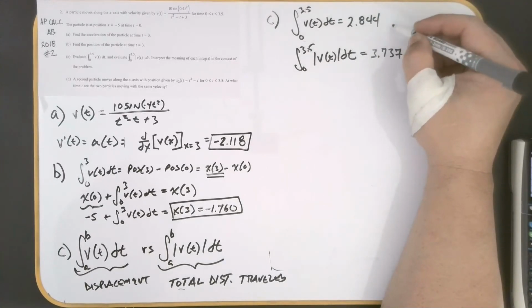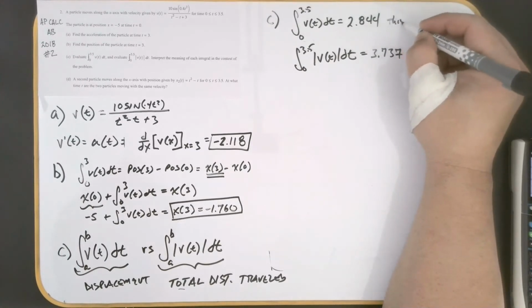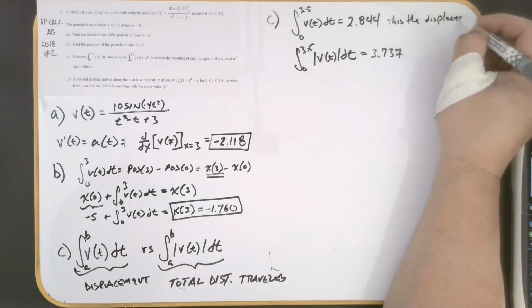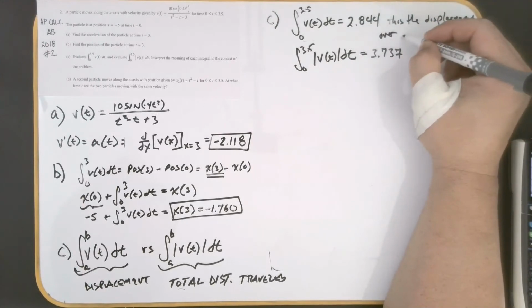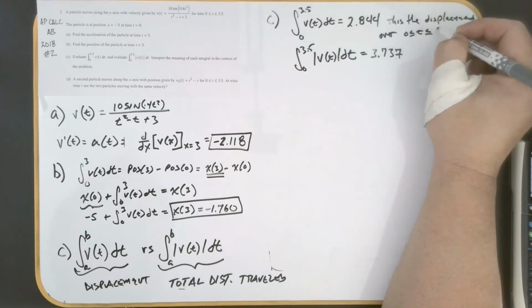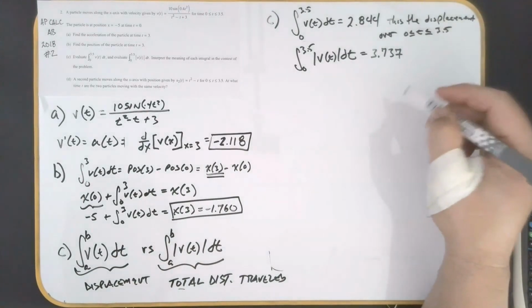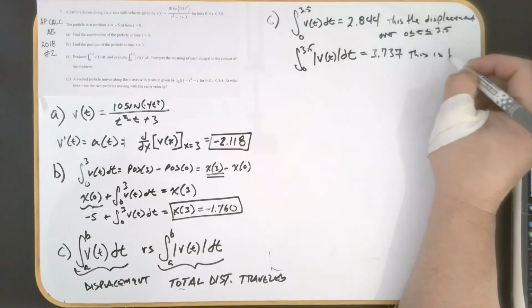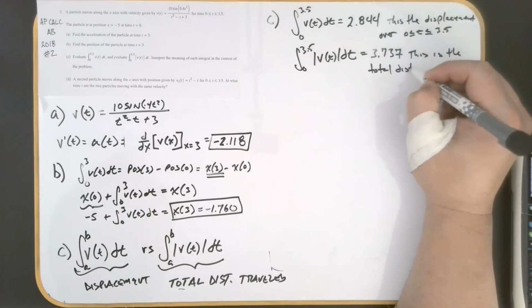This one is equal to 2.844, and we're going to write this is the displacement over 0 less than or equal to t less than or equal to 3.5. And down here, this is the total distance traveled.